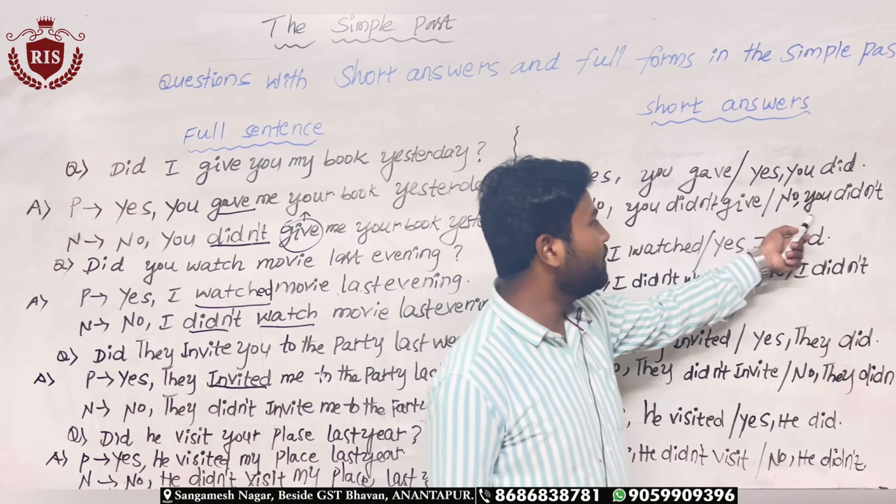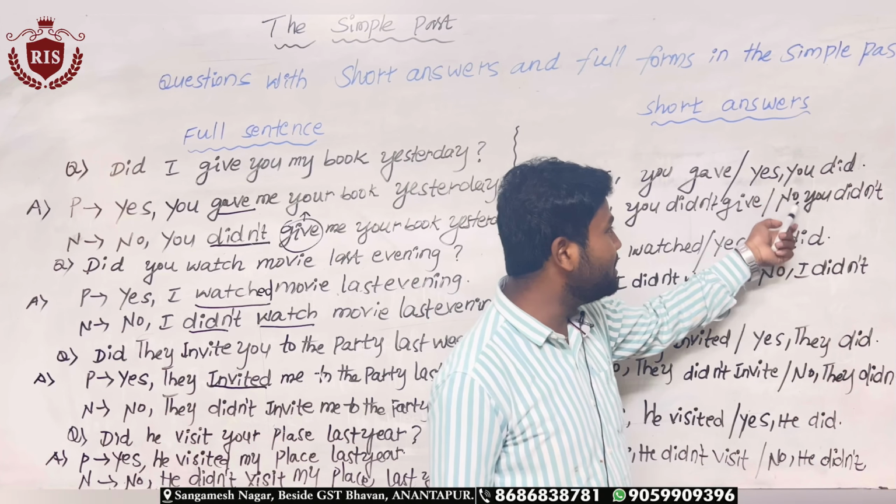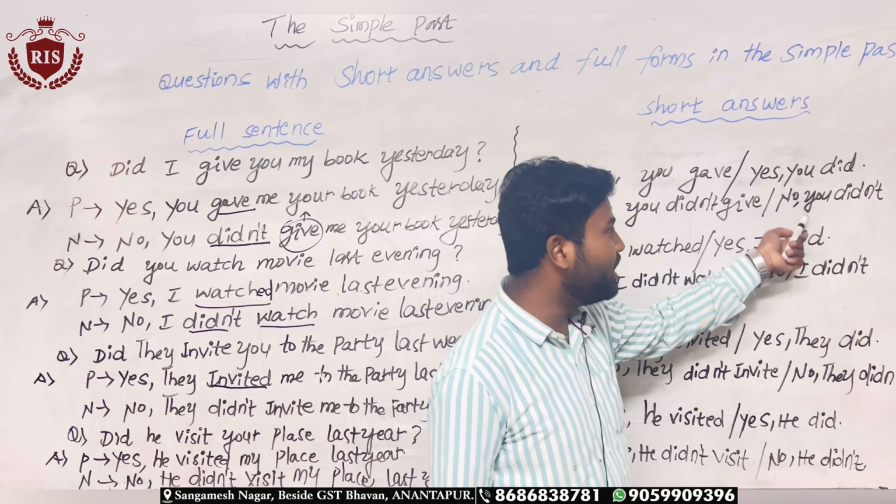Even here, when do we use these short ways? When we talk about the same specific thing, or when we stress on that again and again in a repeated manner, in such cases we can use yes you did, no you didn't.